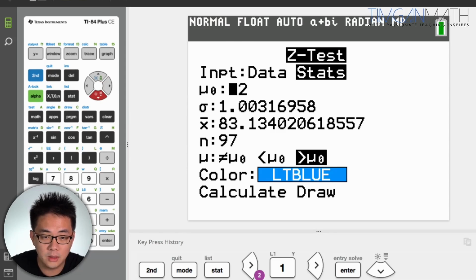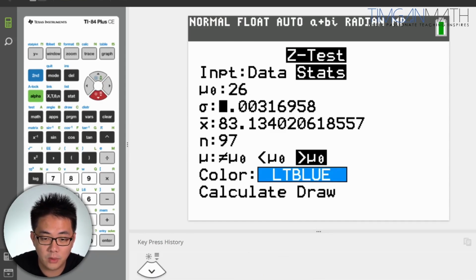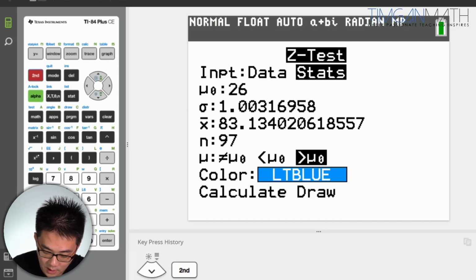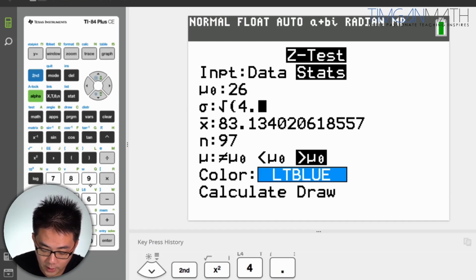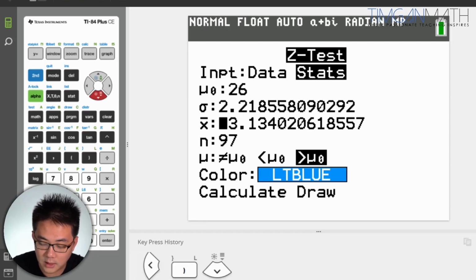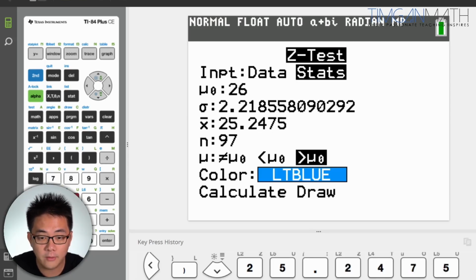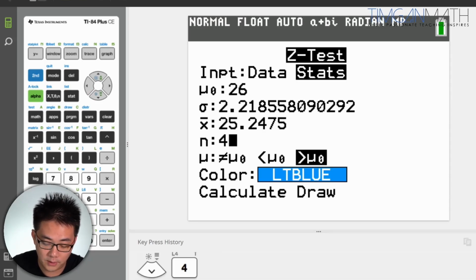Mu is 26, and sigma will be the square root of the s squared value that you found, which is 4.9220. After which we have X bar, which is 25.2475, and we have the sample size of 40.